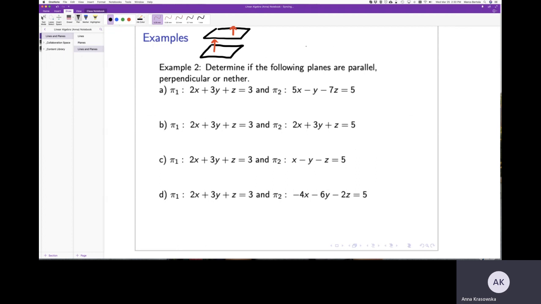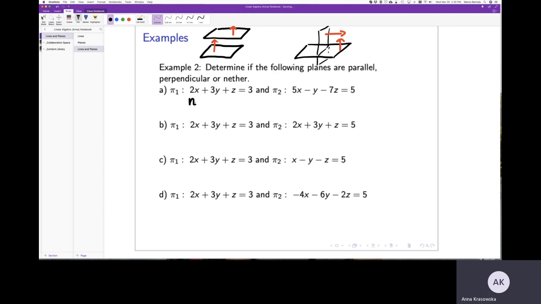If the planes are perpendicular, I'll try to sketch this. Okay, I hope you can easily see that their normal vectors must be perpendicular to each other as well. So now again, it is enough to check whether the normal vectors are parallel or perpendicular or neither.